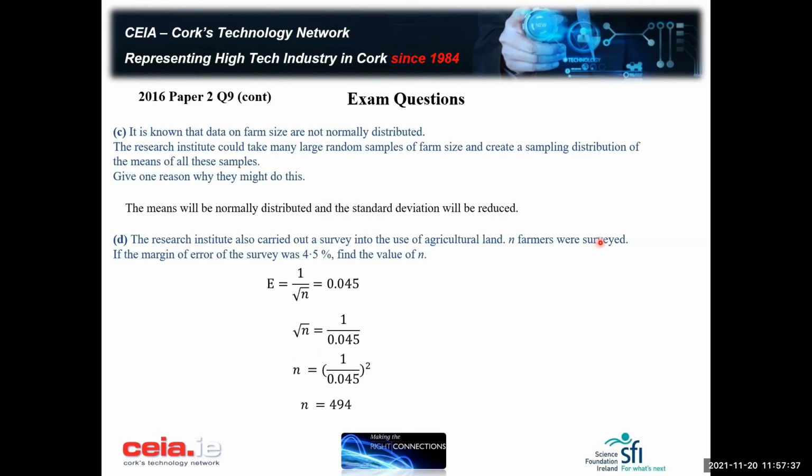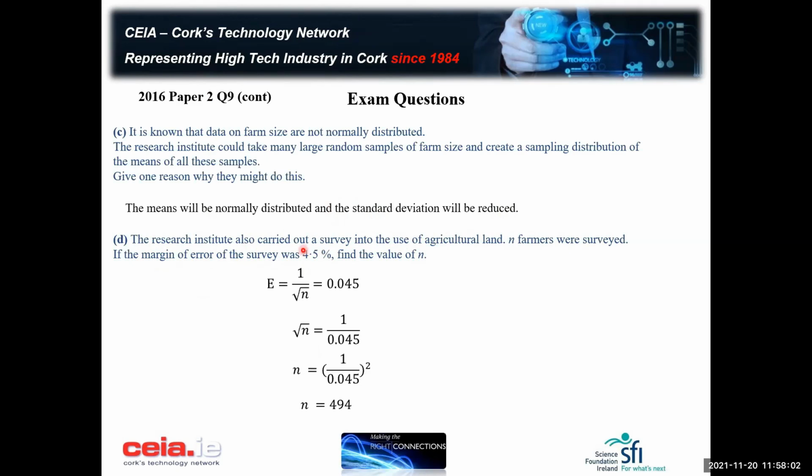Okay, finally they ask you, and this has nothing to do with the incomes now, this is just general sampling. So they're most likely talking about a proportion, probably the proportion that's used for tillage or something like that. This is a question about proportions.